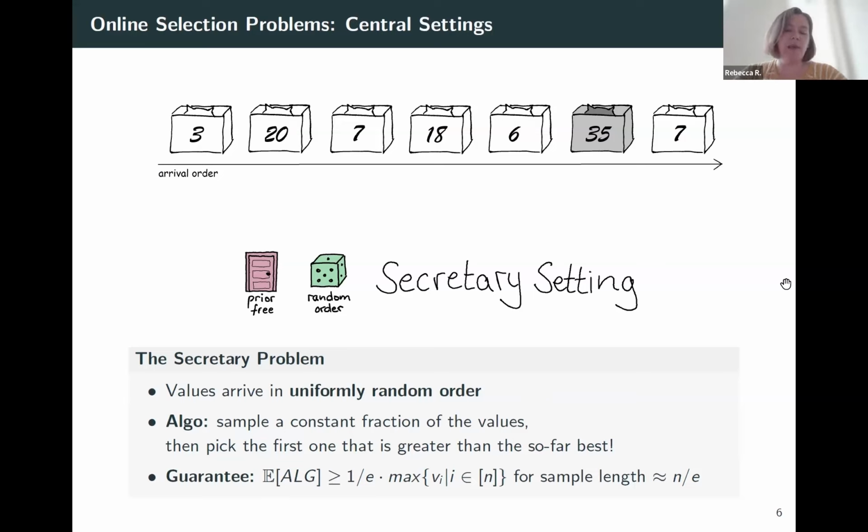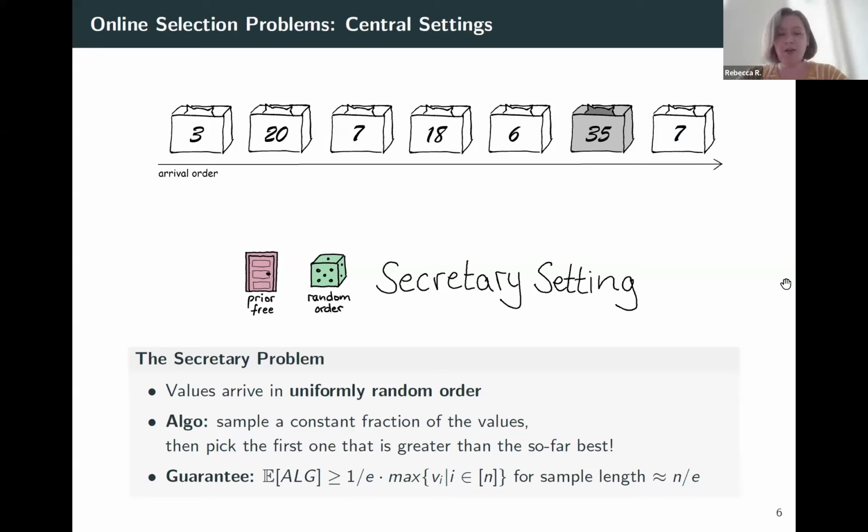And the algorithm that essentially waits for 1 over e times n, and then sets a threshold of the maximum value seen in this sample, and only picks from the buyers that arrive later, the one that is first to beat this value, will give you a 1 over e approximation to the largest value.